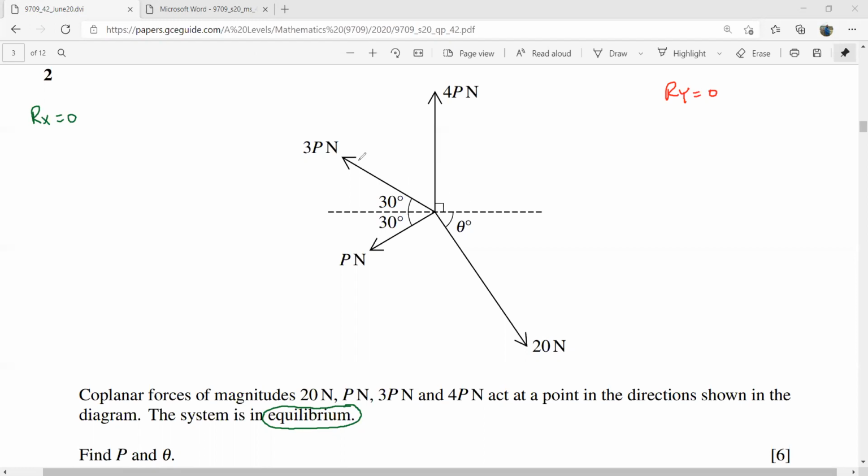theta. Okay, so I'm going to resolve this force of 3P Newton in this way. If this is 30, so this is going to be 30 degrees here. So this one is 3P sine 30, and this one is going to be 3P cos 30.